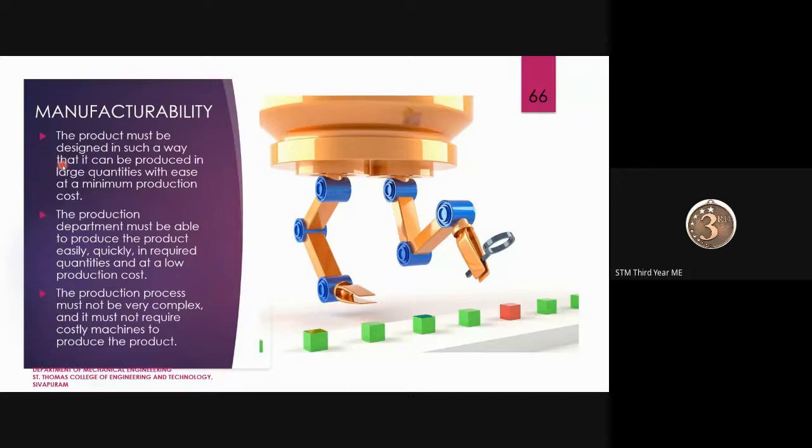So only these people will be attracted to that product, and it will not get sufficient sales. So for obtaining sufficient sales, you must have lower cost. Lower manufacturing cost always incurs a lower price or maximum retail price of the product, and this is how manufacturability affects the product design.